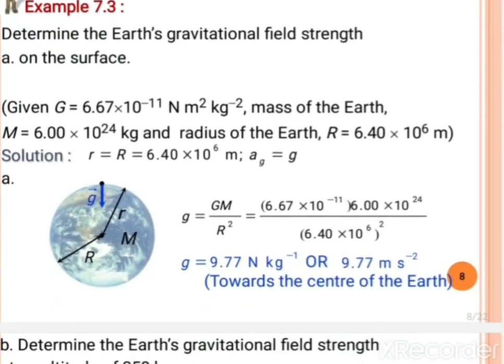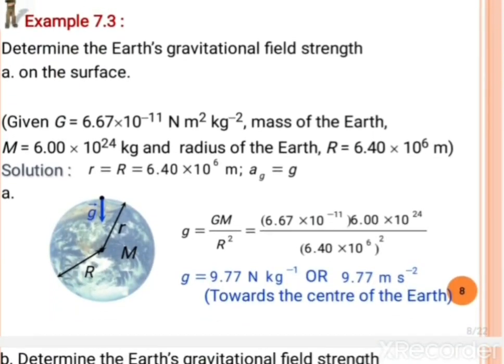We go to example 7.3. Determine the Earth's gravitational field strength Ag on the surface. Given value G equal to 6.67 times 10 power negative 11 Newton meter squared per kilogram squared.